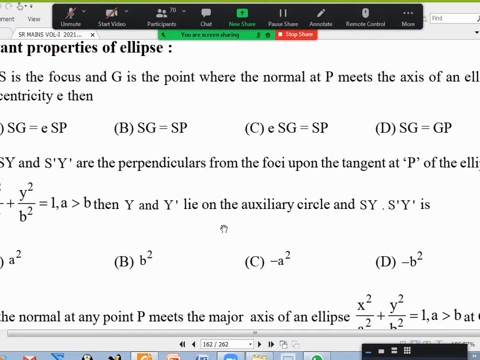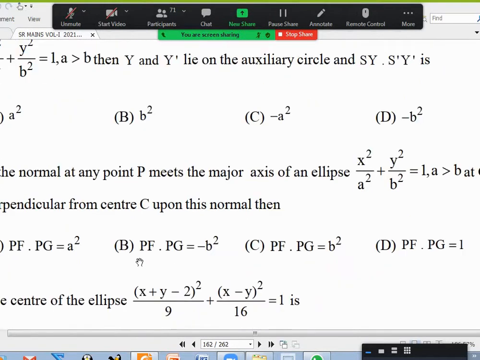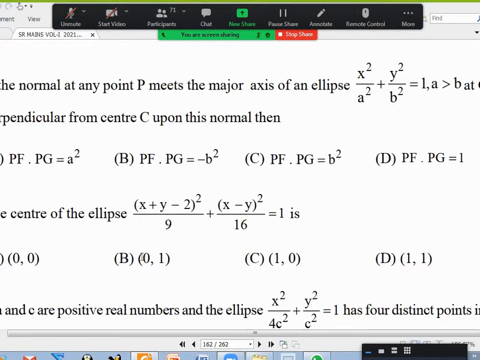They mentioned it, but it is not important. So 87 is also something we discussed. So, anybody doubt about 88? Yes, sir. Okay. But it is normal meets the major axis at G and perpendicular from center upon that is F. So it finds PF into PG.